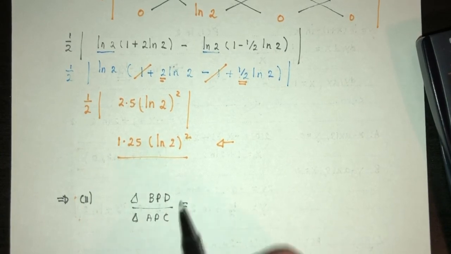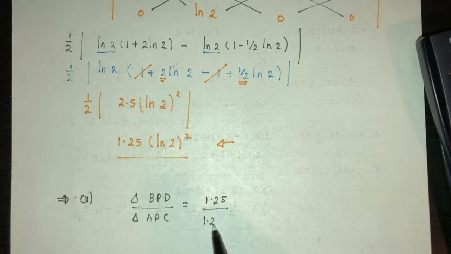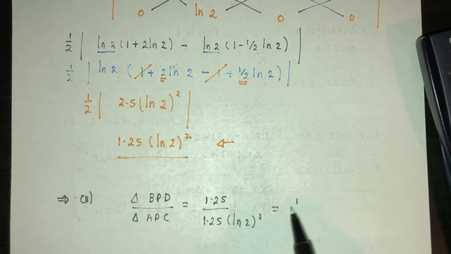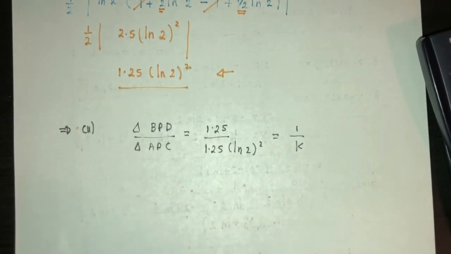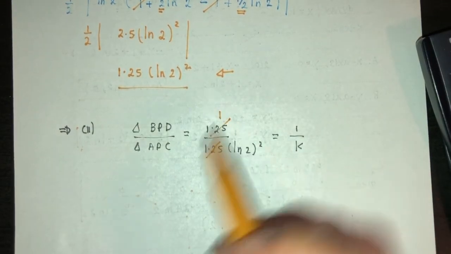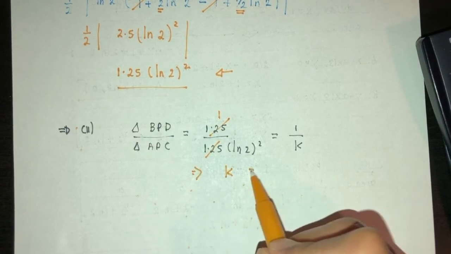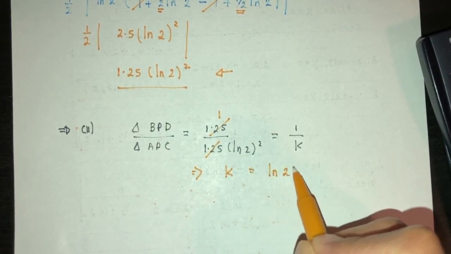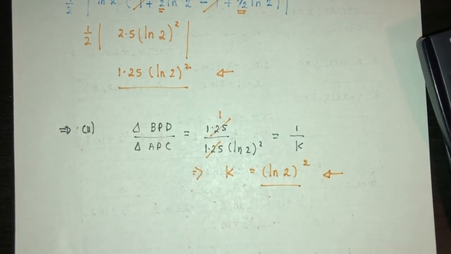That was 1.25 over 1.25 ln 2 squared is equal to 1 over K. So we have to find the value of K in terms of ln 2. So let's see what do we get. These two will cancel out. You have 1 here. Cross multiply, K is equal to ln 2 squared. And this is your answer for question 12 part 1.